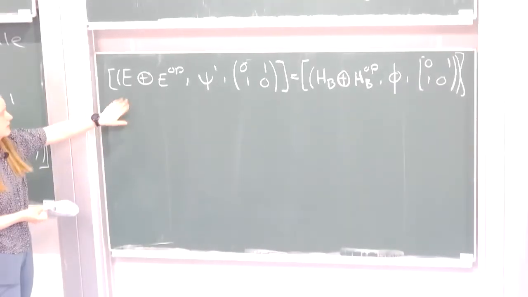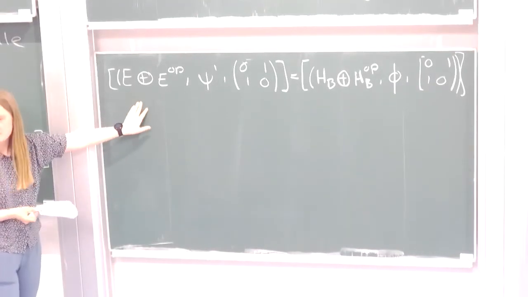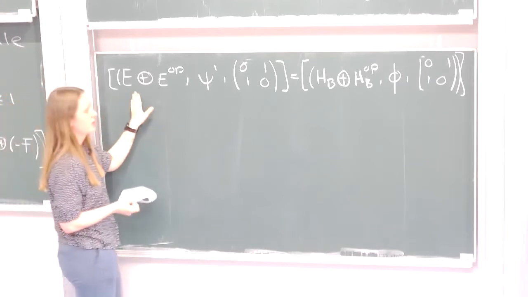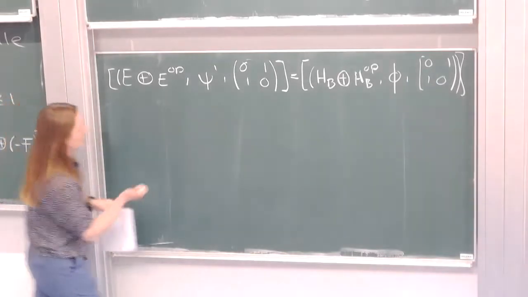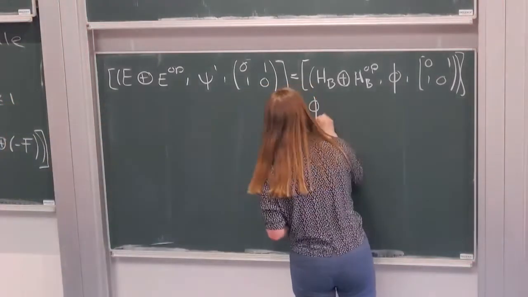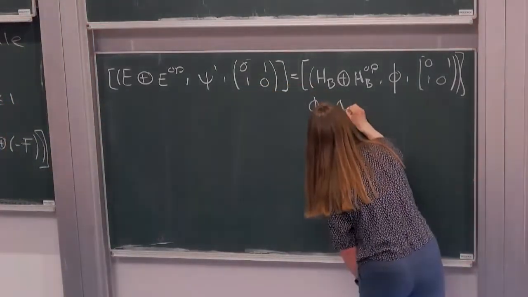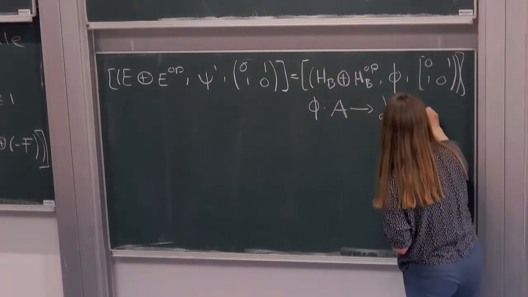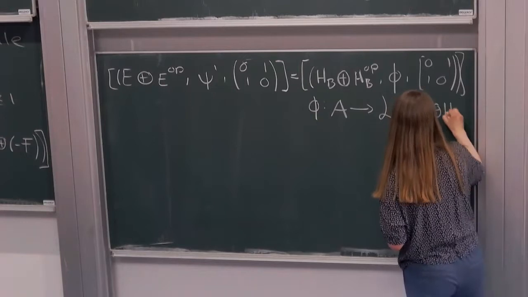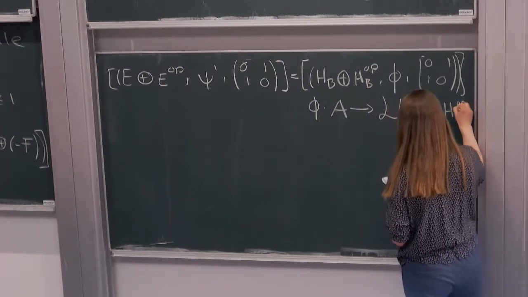Then we get by the stabilization theorem that these two Kasparov modules are homotopic. Okay, so this phi here is now a star homomorphism from A to L of HB plus HB up.